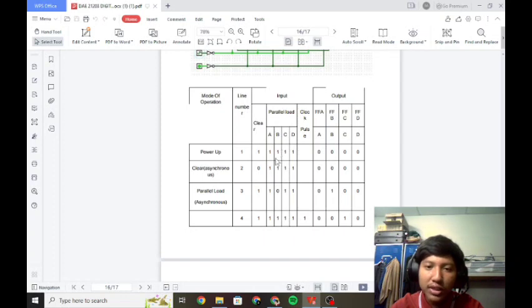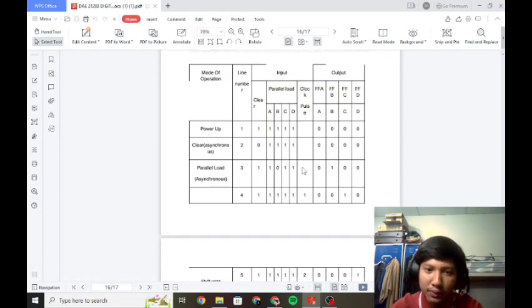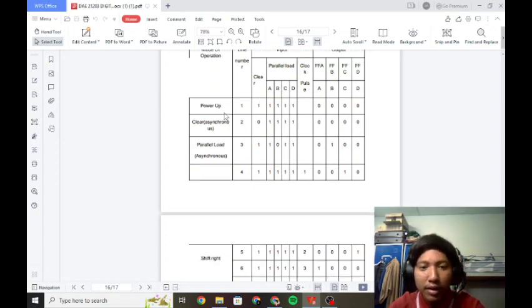When the inputs A is 1, B 1, C 1 and D is 1 and clear is 1, the output at A will be 0, output at B will be 0, while output at C will be 0 and D will be 0. That is for power up.